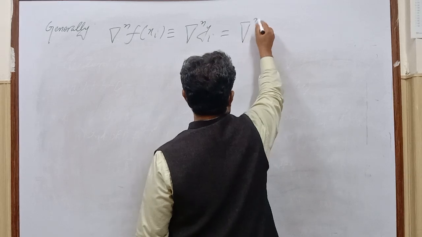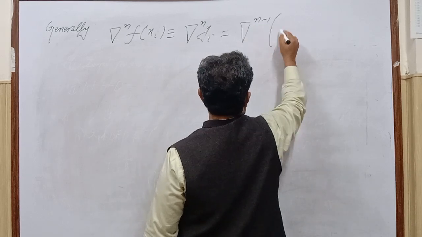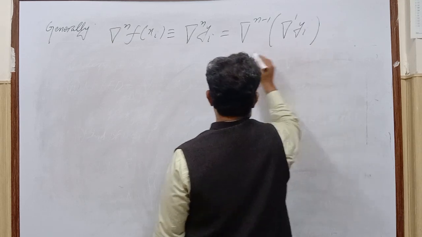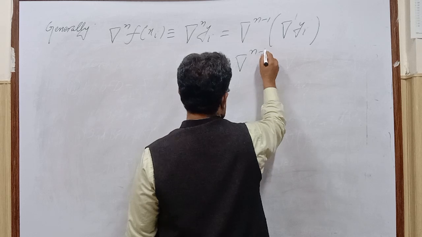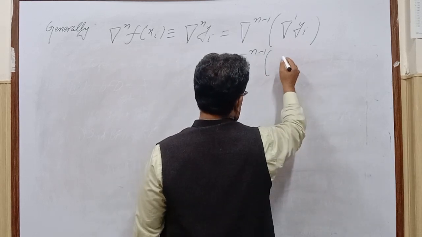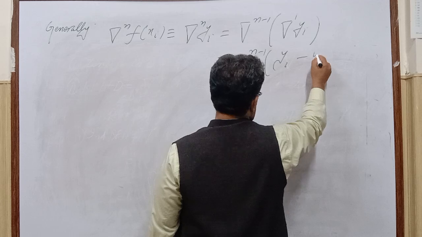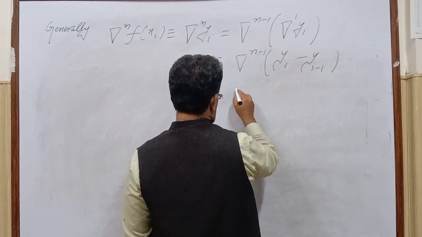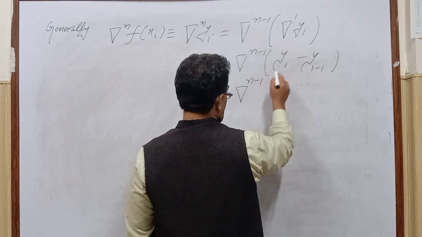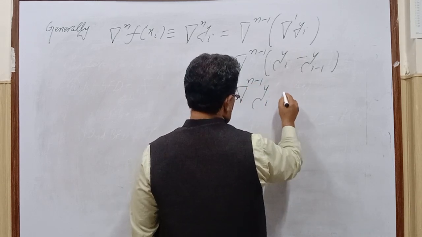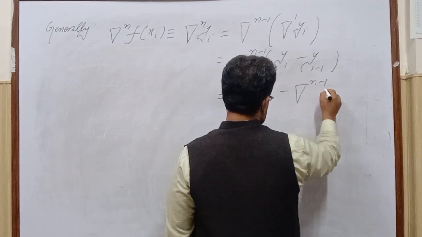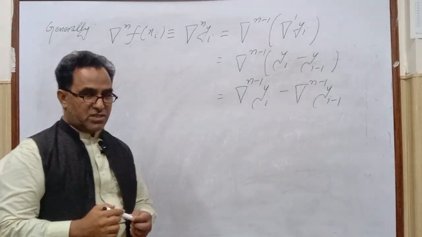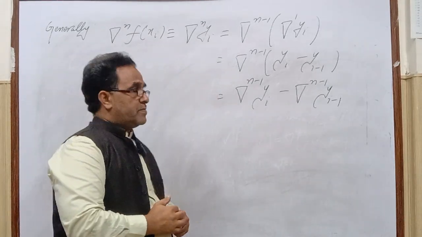We say del n minus 1 and inside the bracket del 1 yi, and that means del n minus 1, and del will give the result yi minus 1, and this del n minus 1 can be written inside along with each value of y, like this. Okay, so this is the general level BFT operation.